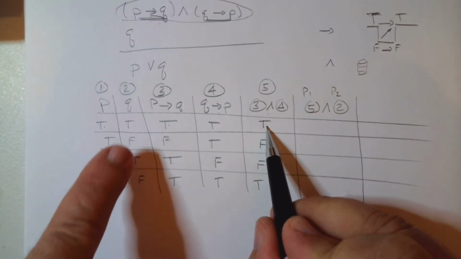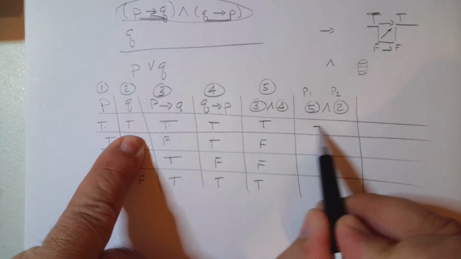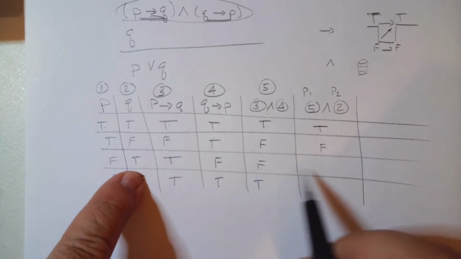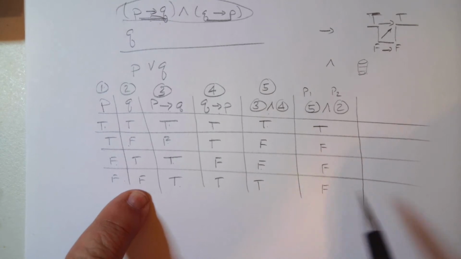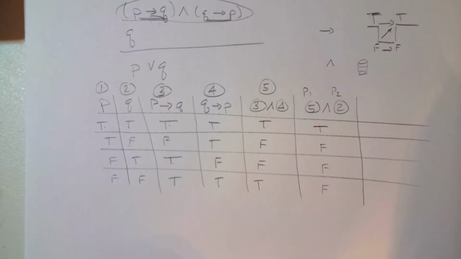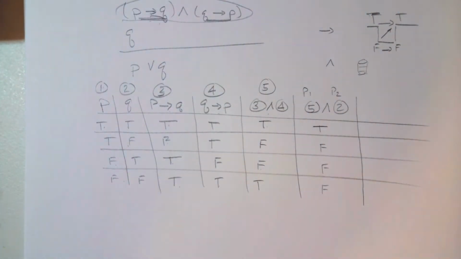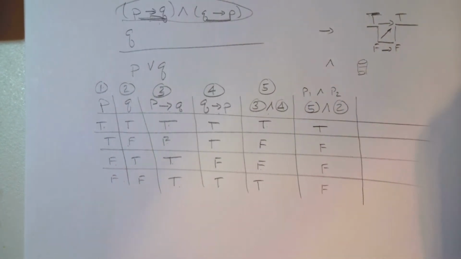So we're doing 5 and 2. True and true, true. False and false, false. False and true, false. True and false, false. So that gives us the truth values of the premises, premise 1 and premise 2.